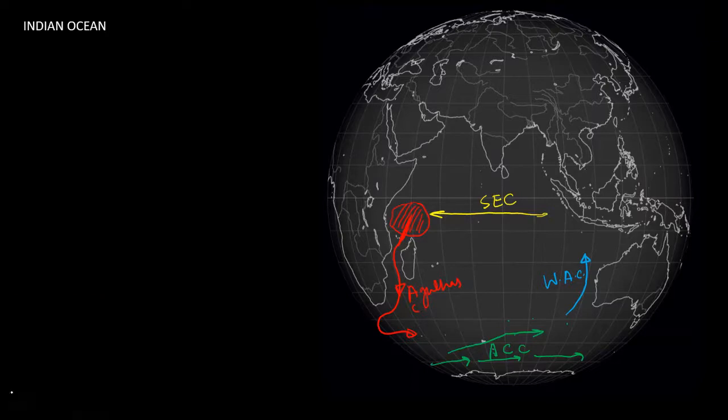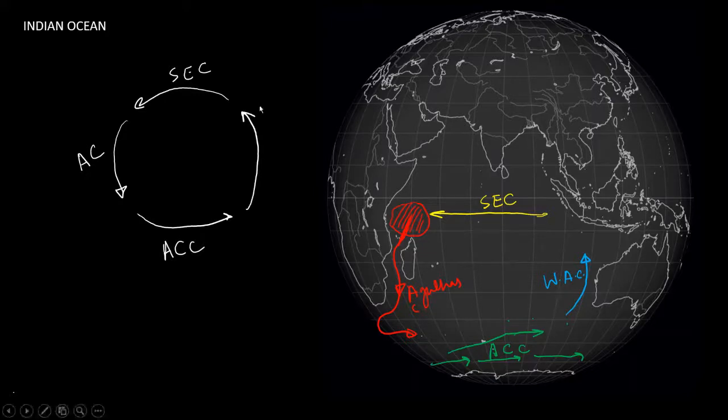These four currents are the South Equatorial Current, the Agulhas Current, the Antarctic Circumpolar Current, and the West Australian Current.